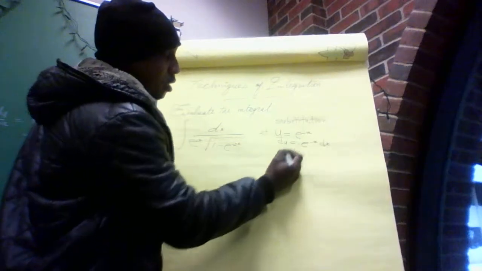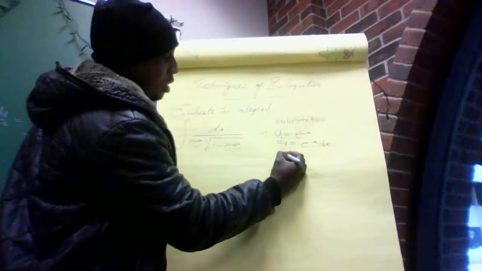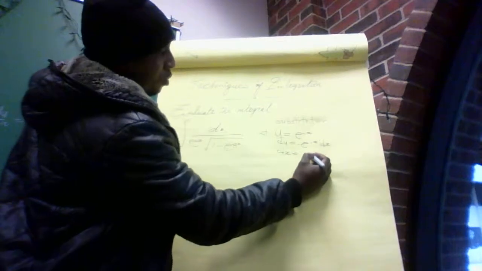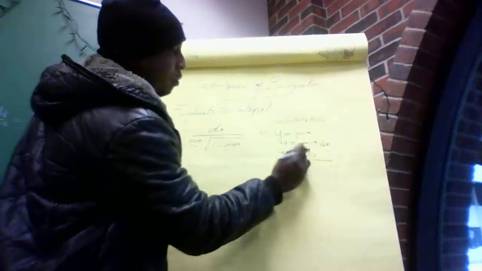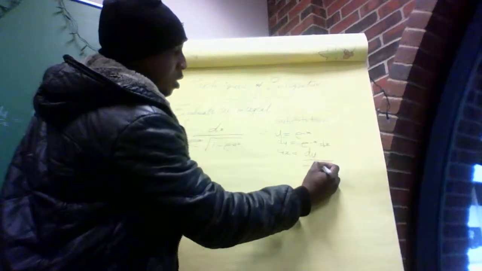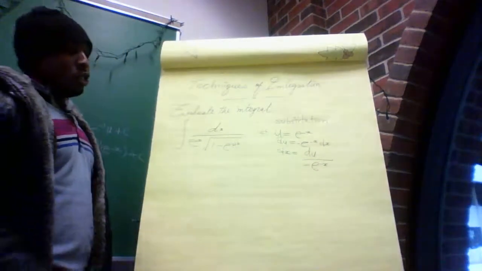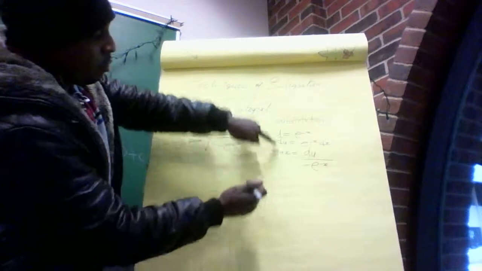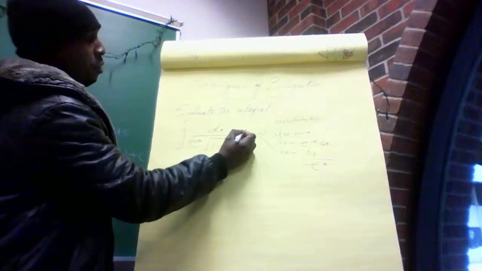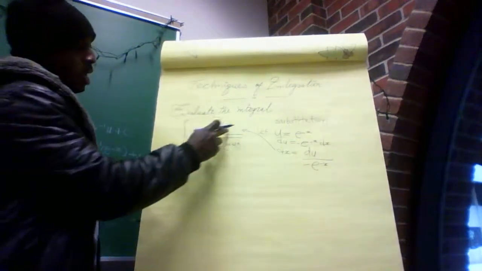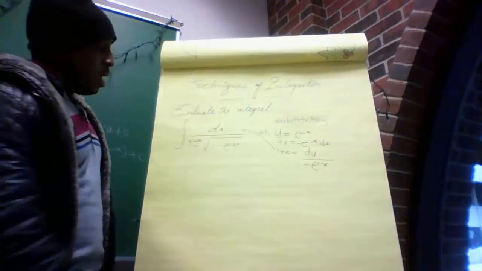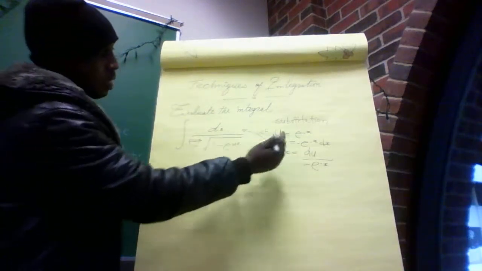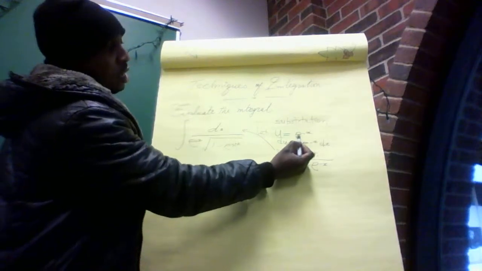So from here, I can see that my dx is equal to my du divided by negative e to negative x. So I'm going to plug in this here. I'm going to put it into this expression. When I see the dx, I just write du over that, okay? And don't forget, u is e to negative x.